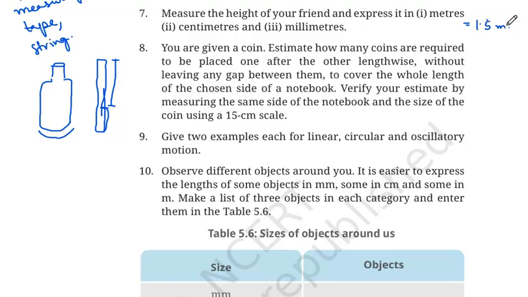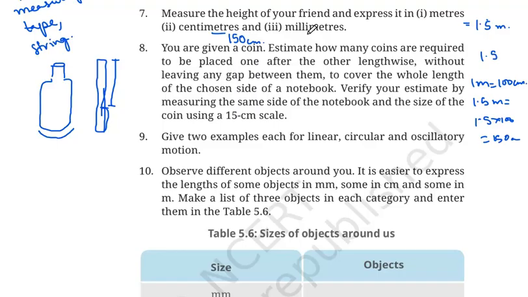I'm taking 1.5 meters. Then you have to convert it to centimeters. How do you convert it? Remember I just told you, 1 meter is 100 centimeters. So 1.5 meters is 1.5 into 100, which gives you 150 centimeters. So the answer will be 150 centimeters over here.